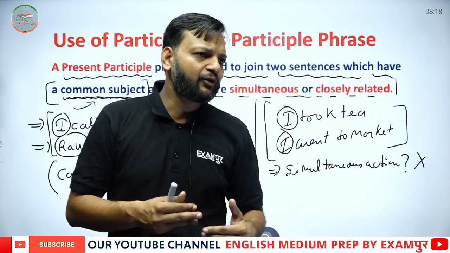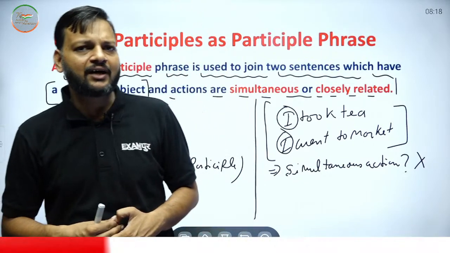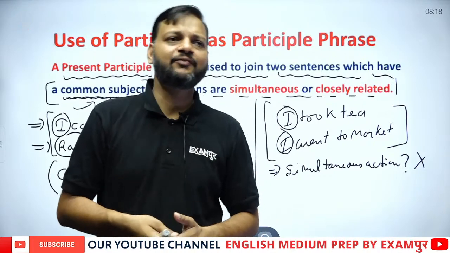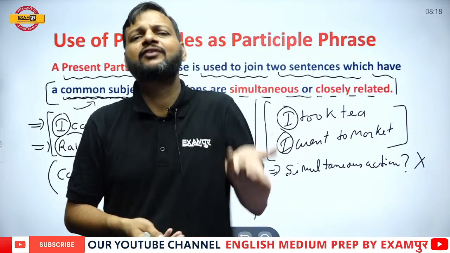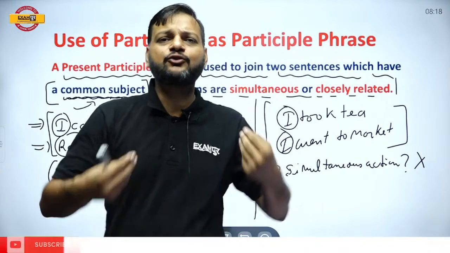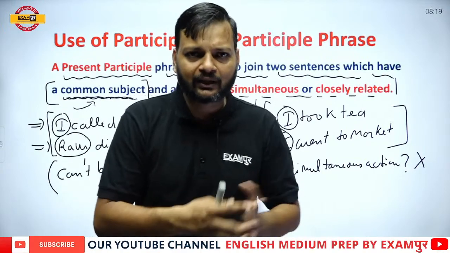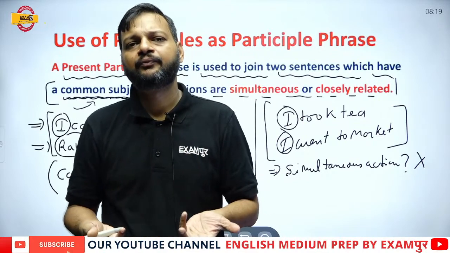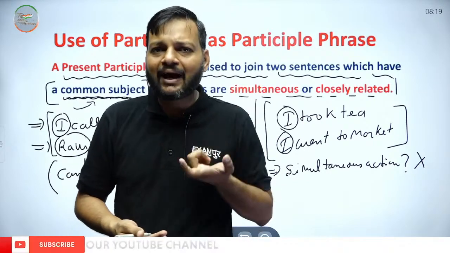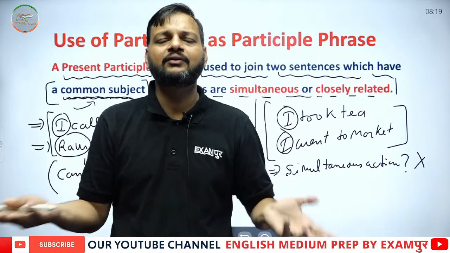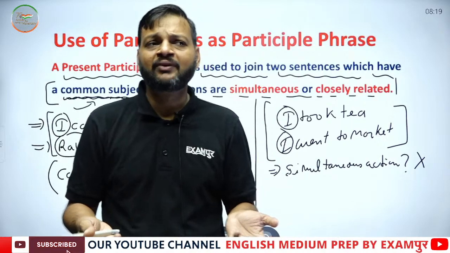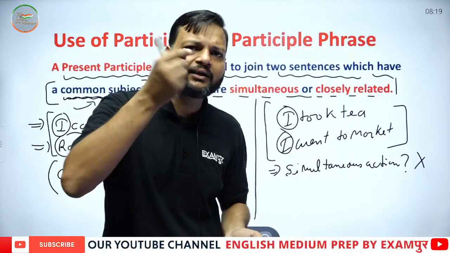For example, if I am going to market and someone asks me, where are you going? I say, I am going to market. He says, why? I would never say, just because I took a cup of tea, I am going to market. Is this the answer? No. Because there is no relation between my taking tea and going to market. Both are different actions. I cannot go to market while I am taking tea.